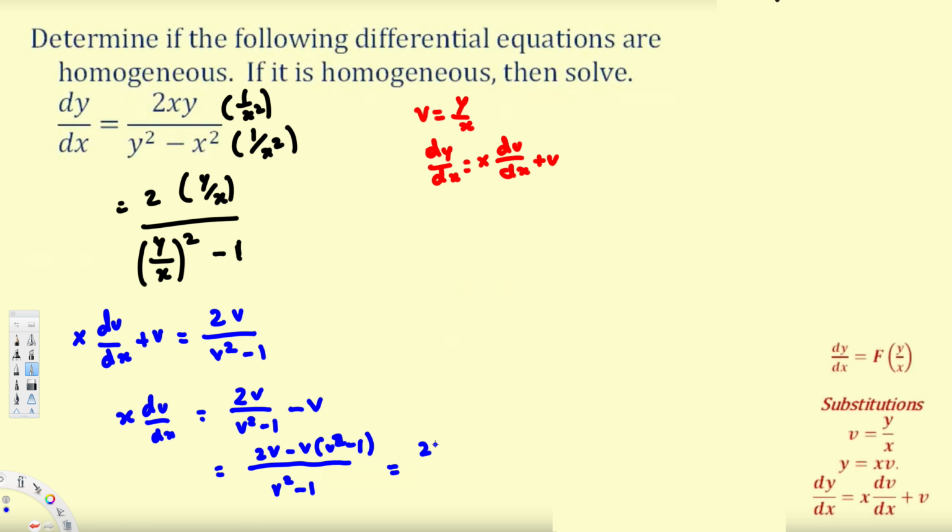So this is going to be 2v minus v cube minus v over v square minus 1, and that's going to be equal to 2v minus v, that's going to be plus v. So 2v plus v is going to be 3v minus v cube, divided by v square minus 1. This is what we are getting on this side.